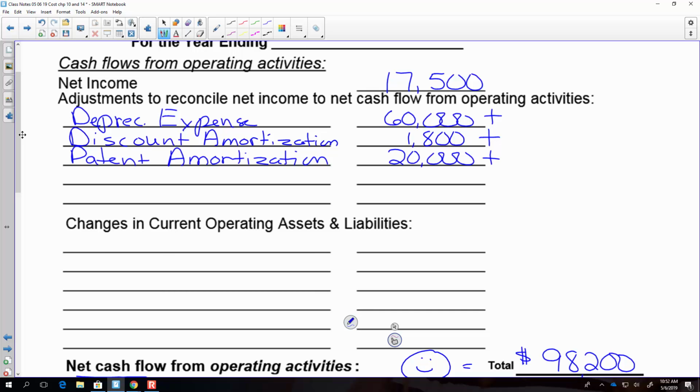And there's 6,400 showing. Yeah, and the author says that is a cash item, but I don't know how that would be. Let's put a question mark on bad debt expense.